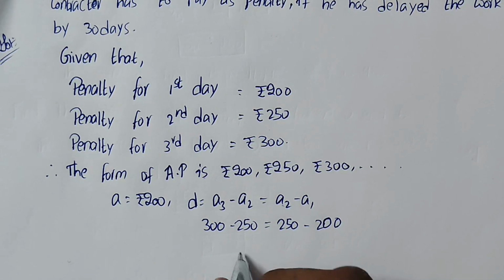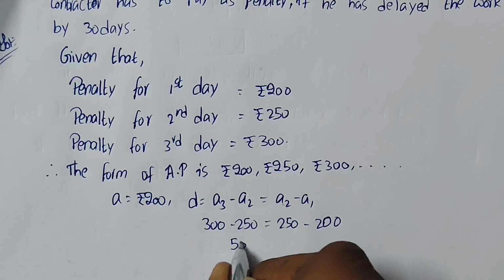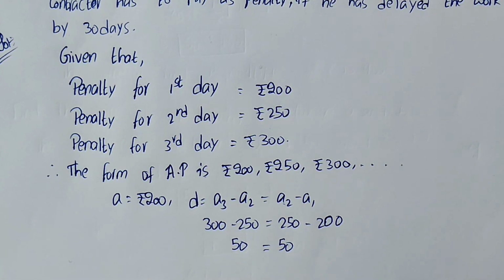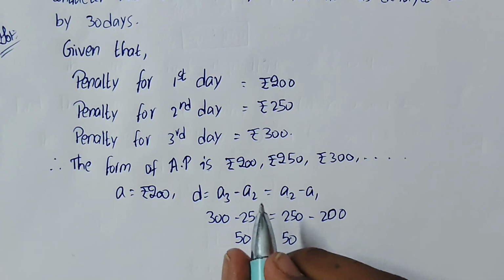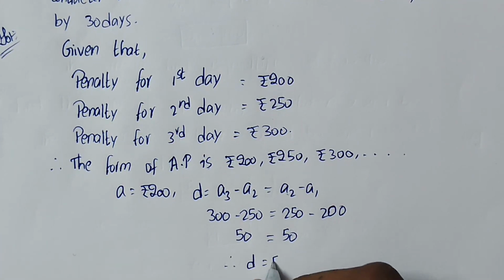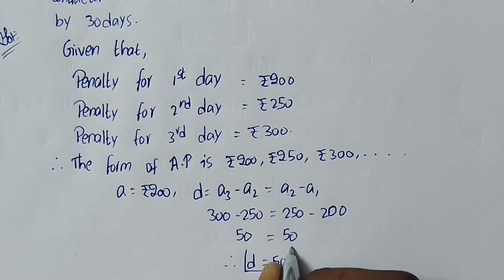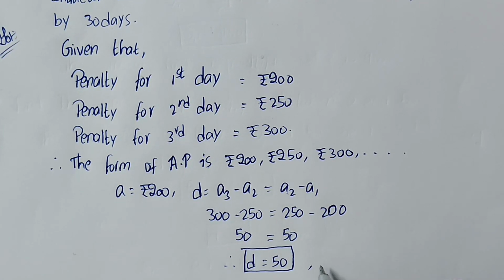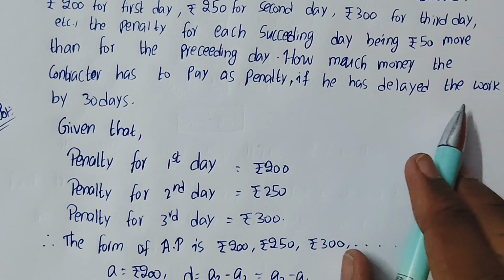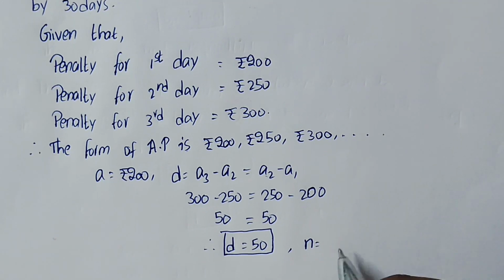So 300 minus 250 we get 50. 250 minus 200 we get 50. So both are equal. A3 minus A2 is equal to A2 minus A1. Therefore the value of D is equal to 50. Understand?